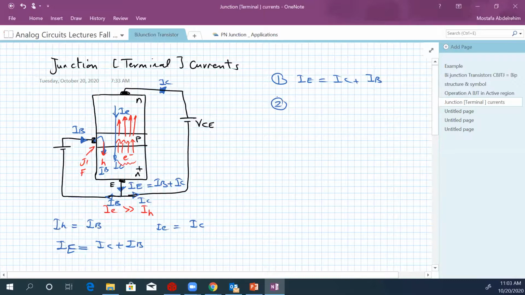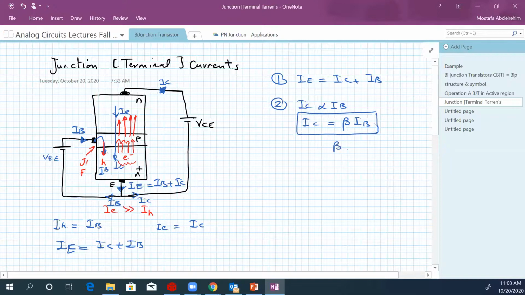Another observation, it was found that IC is proportional to IB. Whenever IB increases, that means VBE is increasing. So another way to look at the relation between IC and VBE is by looking at the relation between IC and IB. They are all the same. So IC is proportional to IB, and they found that in the active region, the relation between them is just a constant, which they call beta.